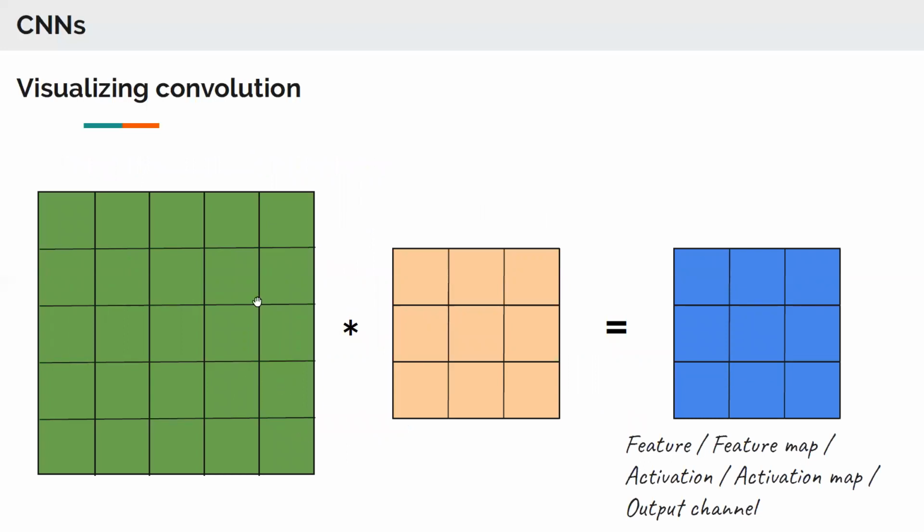Here we have it again: the image, then the convolution denoted by this asterisk, then the convolution kernel, and then the output, which goes by a lot of different names in the literature. Feature map, activation map, output channel: they all mean the same thing, the output of the convolution operation.